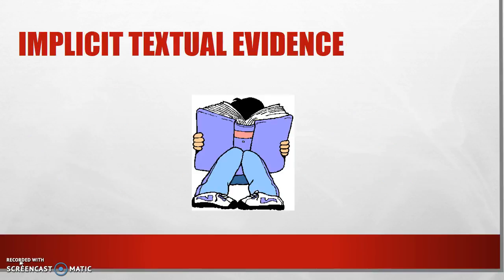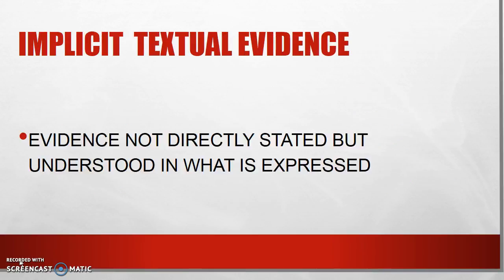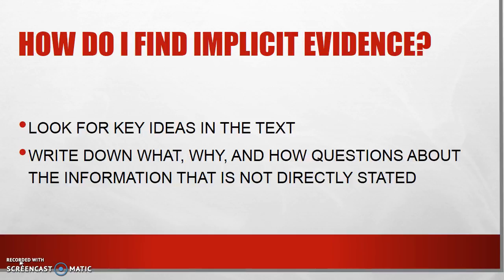There's also implicit textual evidence. And implicit textual evidence is evidence that's not directly stated, but it's understood in what is expressed in the text. So you are probably now asking, how do I find implicit evidence? Well, you look for key ideas in the text.